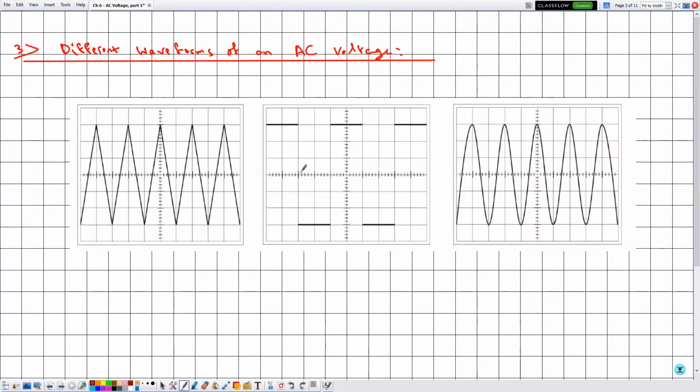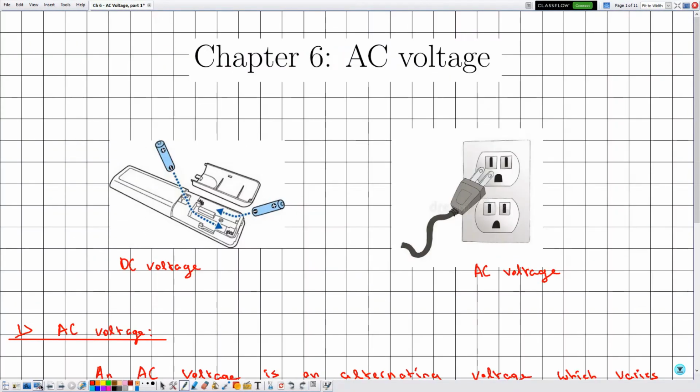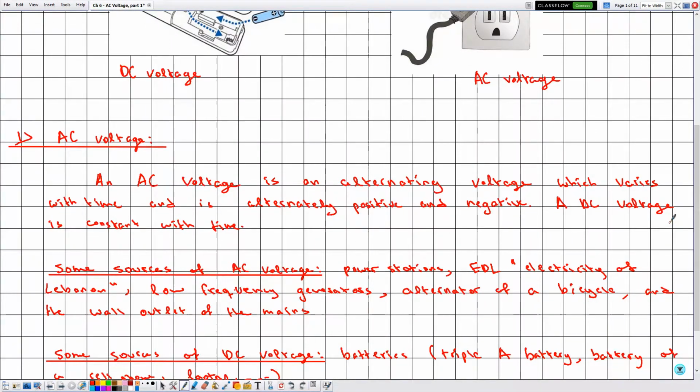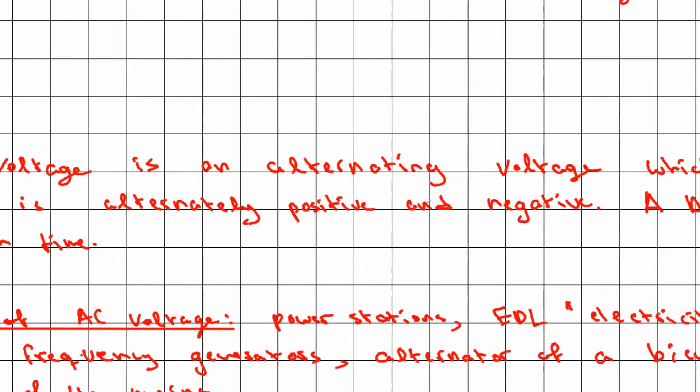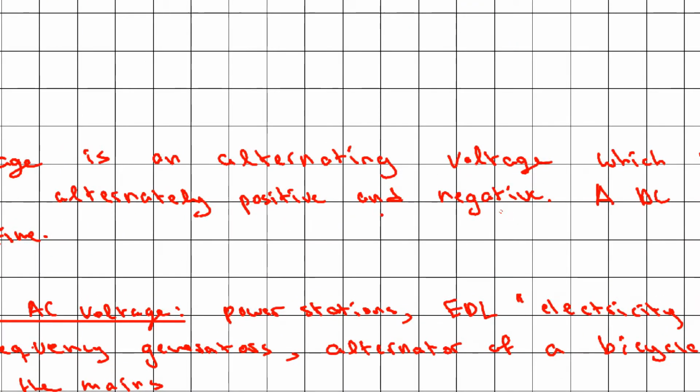Now, as for the following waveforms, first let me explain why they represent an AC voltage. If we refer back to the definition, I defined the AC voltage as the alternating voltage which varies with time, and it's alternately positive and negative. So first of all, it is changing with time and it is alternately positive and negative.